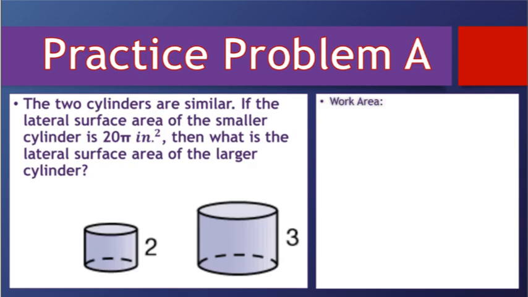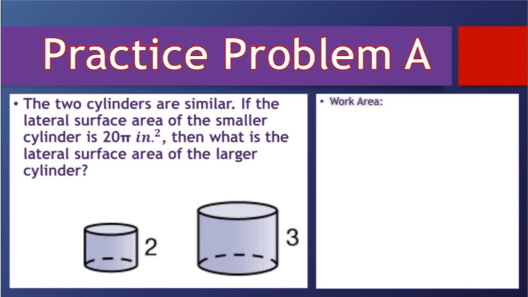Next one, the two cylinders are similar. If the lateral surface area of the smaller cylinder is 20 pi square inches, then what is the lateral surface area of the larger cylinder? We are comparing area. First we need to find the scale factor.